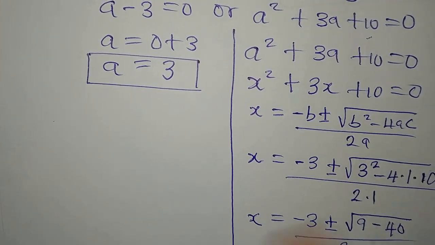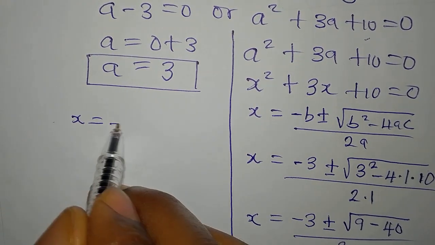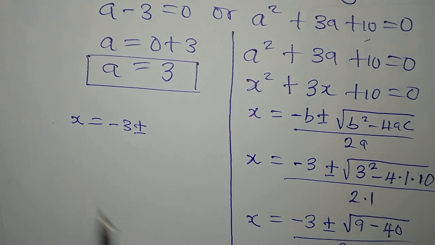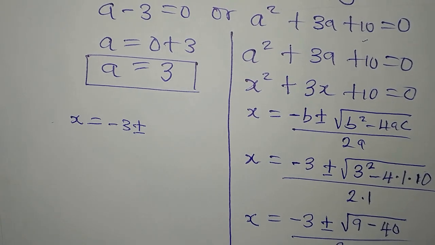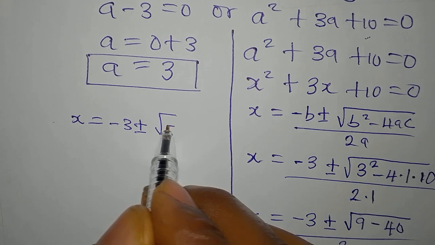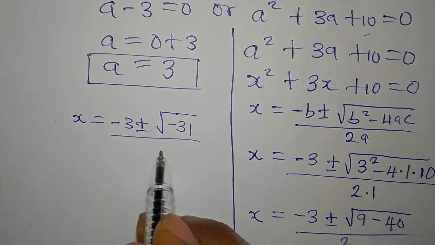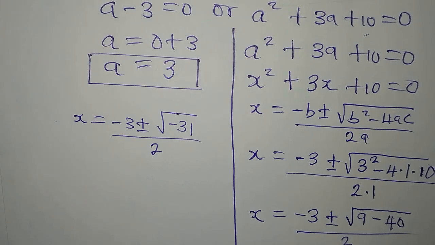So we will be having x equal to minus 3 plus or minus square root of 9 minus 40, which gives us the square root of minus 31, over 2.